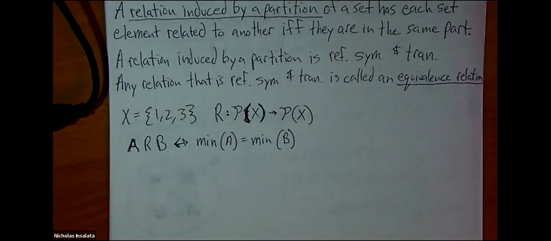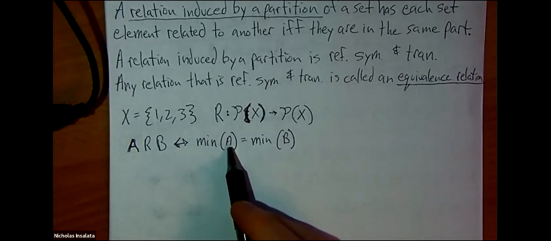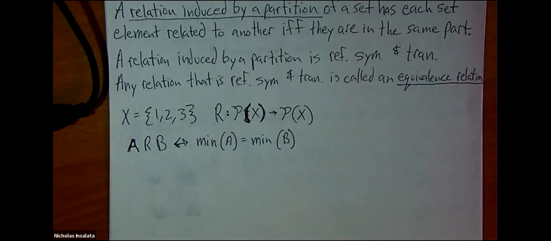That's like saying one particular property of A is equal to one particular property of B. Maybe I would say that the Camry and the Civic are equivalent because they get exactly the same gas mileage, which I don't know if that's true, but for the sake of argument.